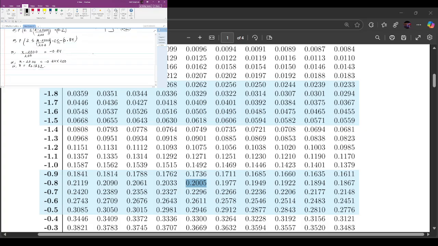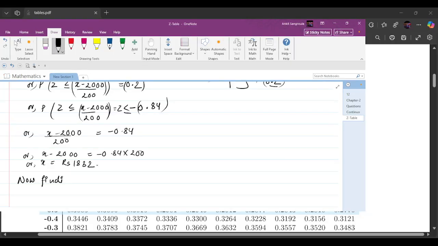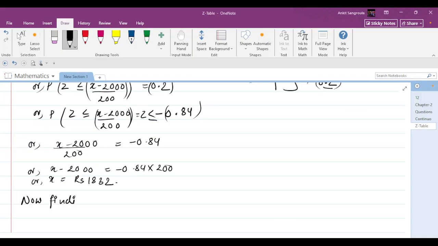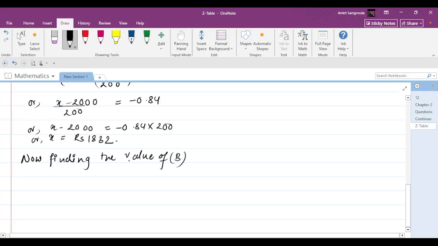Now what will be the value of point B? Sorry, I forgot to fit the screen again. Now we will again find the value of B. I hope you understand what I wrote just now. So how do you find the value of B?